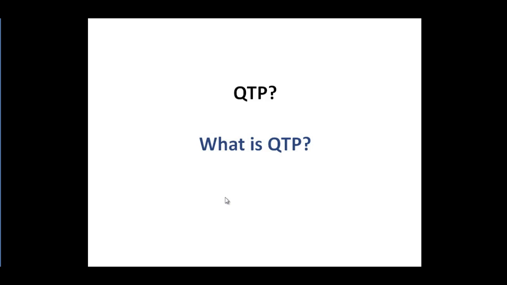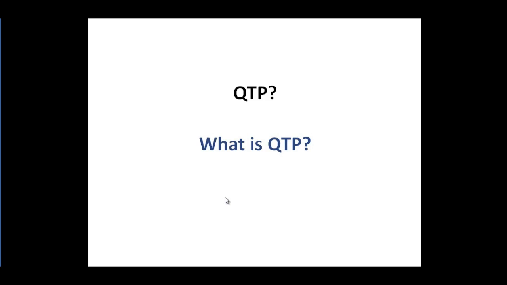There are several other popular tools, such as Selenium. Selenium is an open source tool. Quick Test Professional is not open source. Then we also have some IBM tools, such as IBM Rational Functional Tester, and a few others, and we have some performance testing tools also, such as HP LoadRunner and also JMeter.